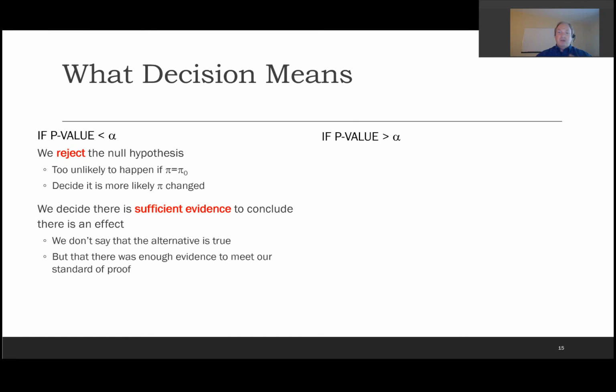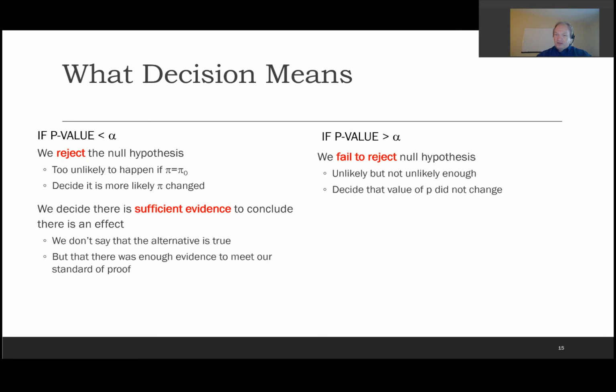If the p-value is greater than alpha, we fail to reject, meaning it's unlikely, but not unlikely enough to make us turn over our default beliefs. Notice if you're doing research, the null hypothesis is what everyone believes. If you claim the null hypothesis is not true, if you reject it, everyone has to change their belief. Well, we're not going to do that based on a little bit of evidence. We need a lot of evidence for everyone to change their belief.